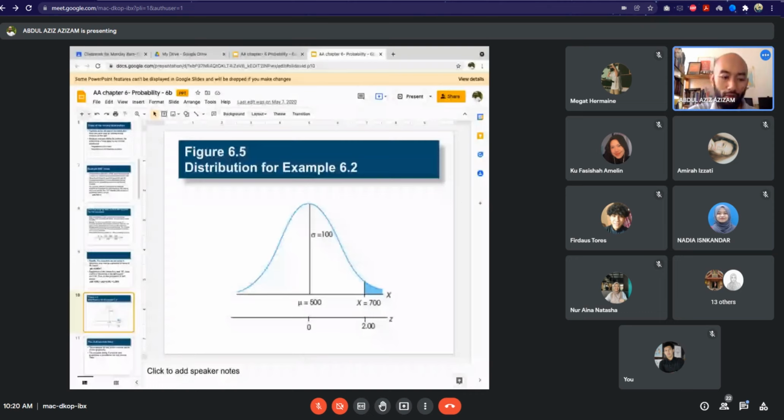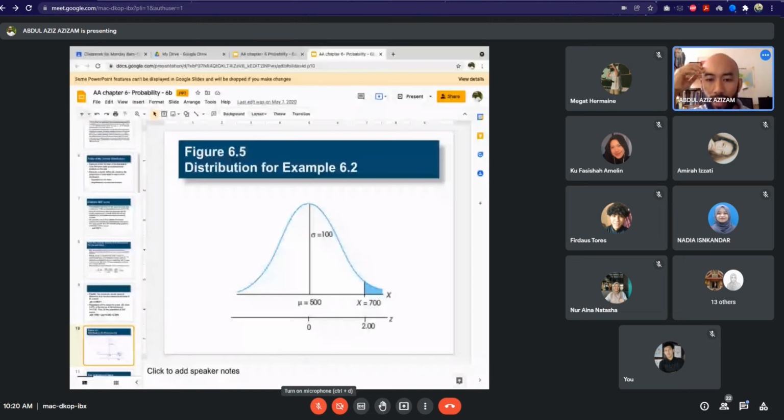Dapat faham lagi? Sekarang ni boleh follow lagi? You all boleh follow? Boleh ke? Siapa yang stuck? Hitam, saya hitam. Hitam, okey.